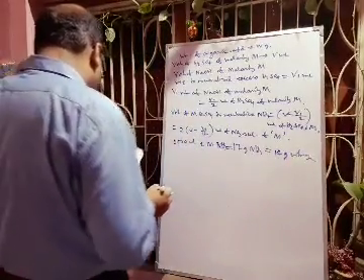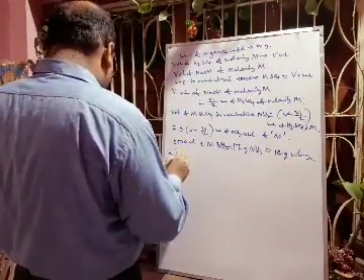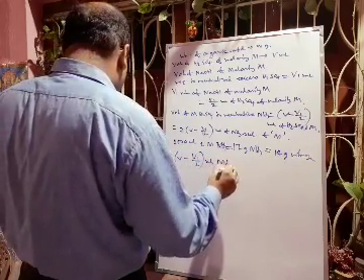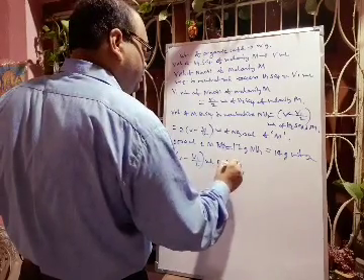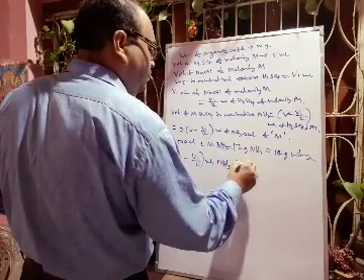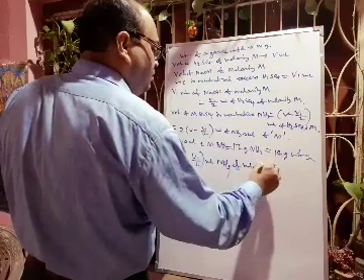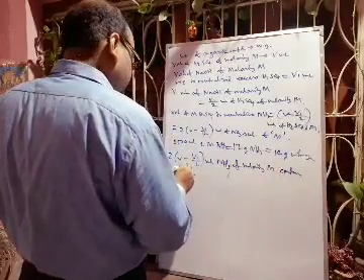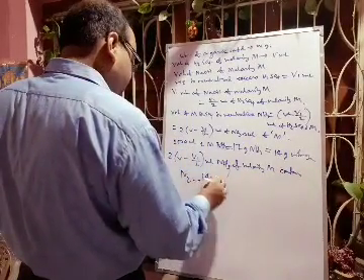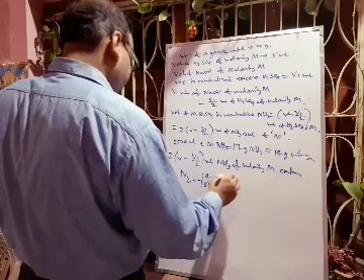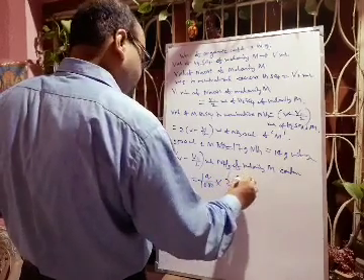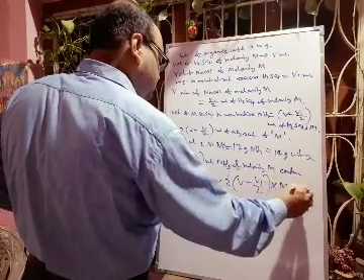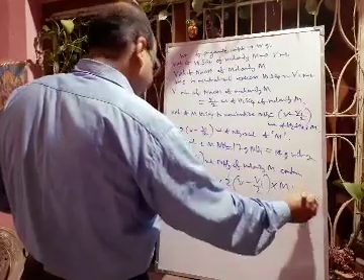So from here we can write that 2 into (V minus V1 by 2) mL ammonia of molarity M contains nitrogen, that will be 14 by 1000 into 2 into (V minus V1 by 2) into M gram.